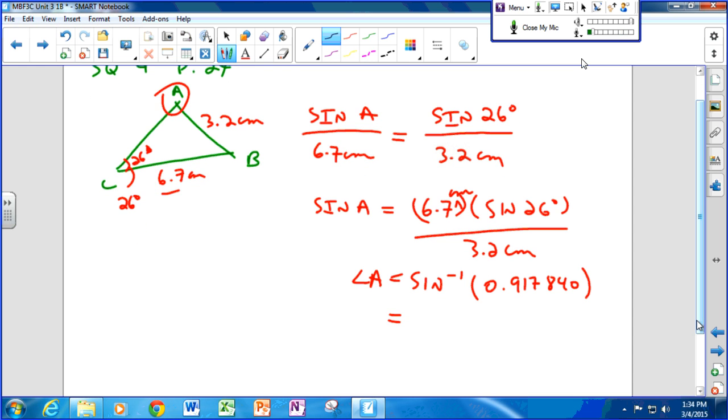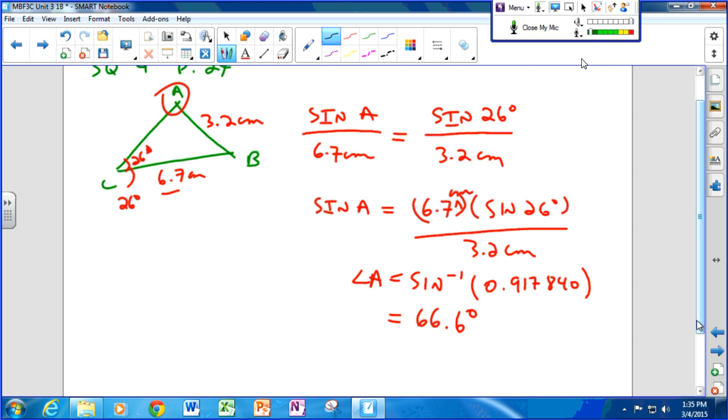And now I just press the inverse sine button on what I have in my calculator, which is going to be a lot more than 6 decimal places. Most calculators will have about 10 decimal places, or even more that they don't even show you. So I get 66.6 degrees, and that's important that we know that it's in degrees because it's an angle. And yeah, that's what I got.